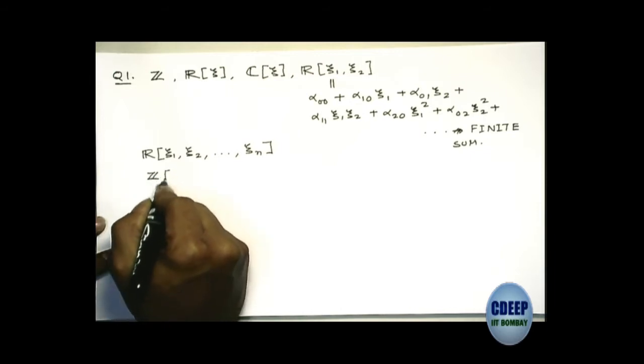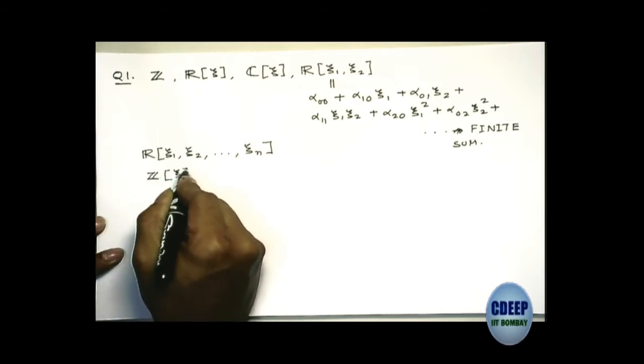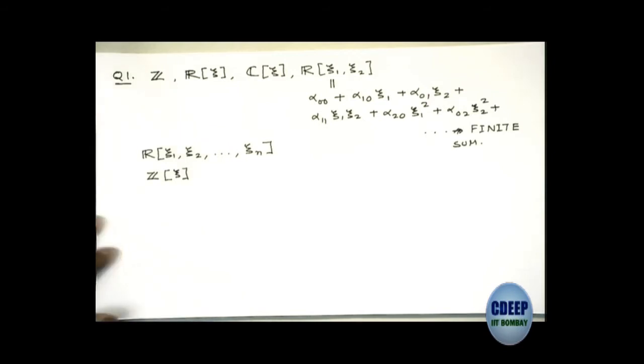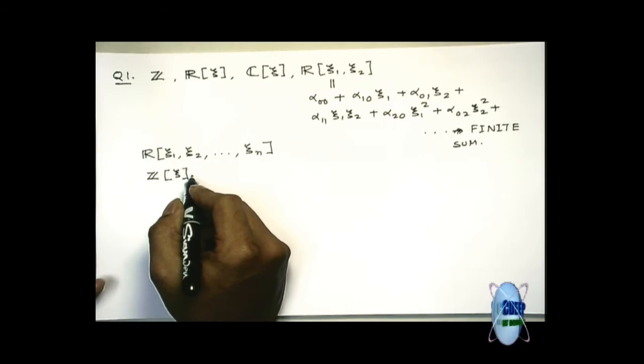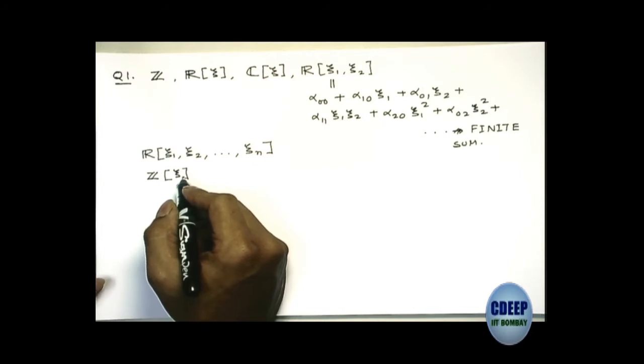You can also show that if you have something like this, then this also is a commutative ring. What does this mean? Well, this is exactly like the polynomial ring. Only thing is, here the coefficients are no longer real numbers, the coefficients are just integers.